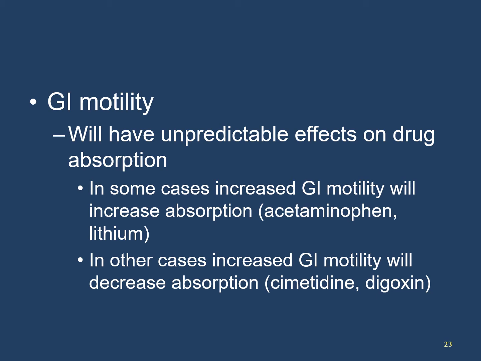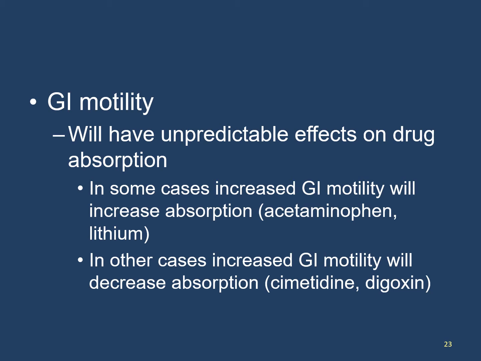By the same token, if GI motility is too quick, sometimes that can increase absorption by allowing absorption to happen before the drug is broken down by acids and enzymes. Or if the drug is better absorbed with optimal breakdown, then slowing down motility can maximize absorption.